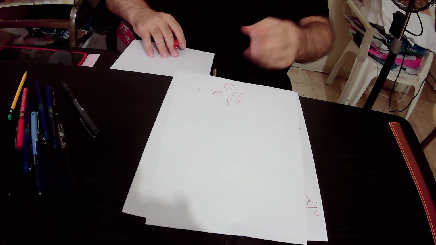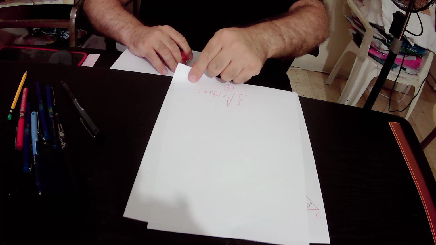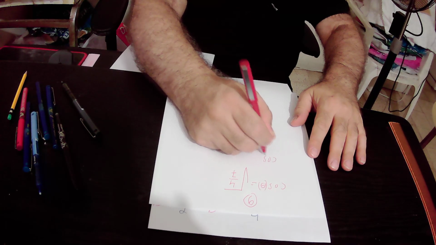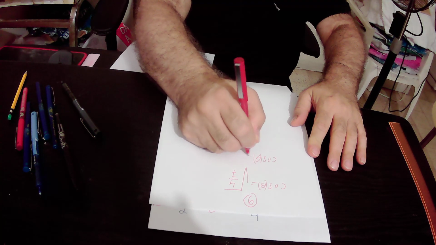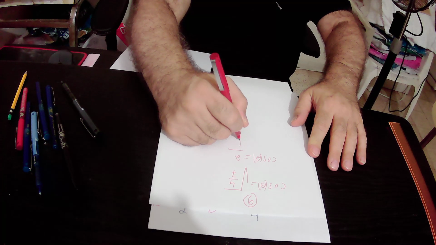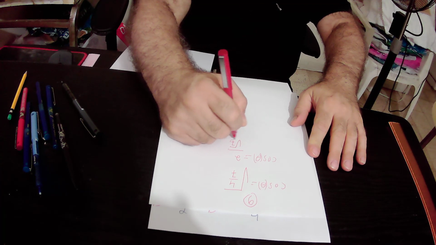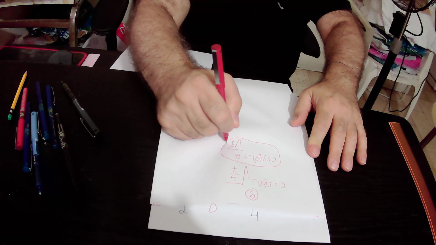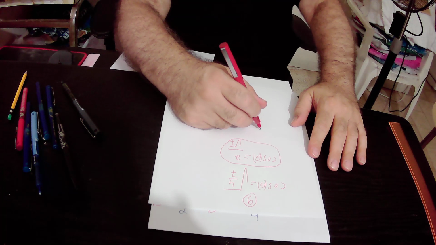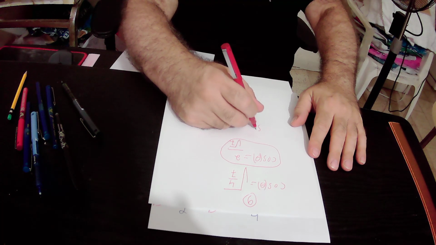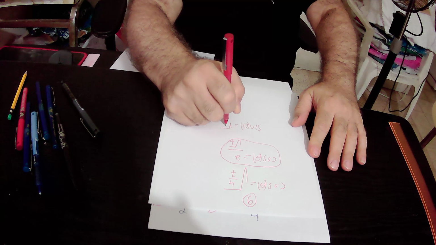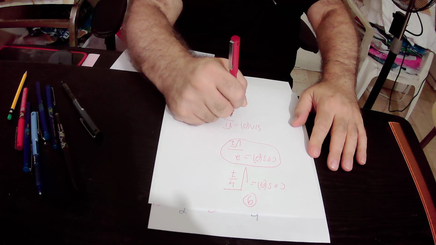Root of 4 is 2, so I write it down. So in total we got that the value of cosinus theta is 2 over the root of 7, and we have already found out that the value of sinus theta is the root of 3 over root of 7.